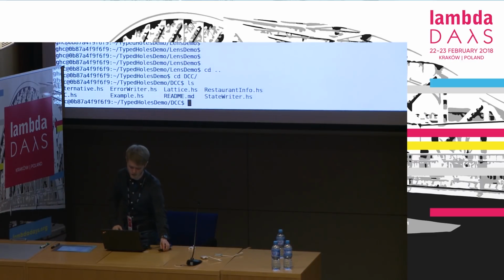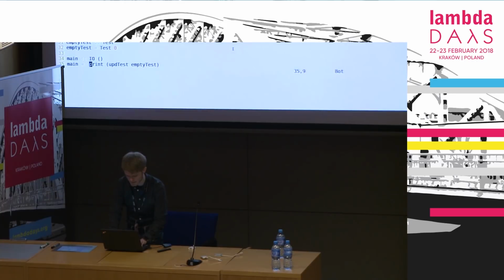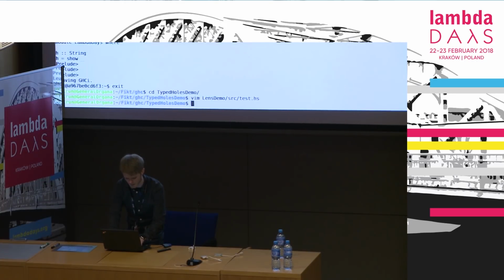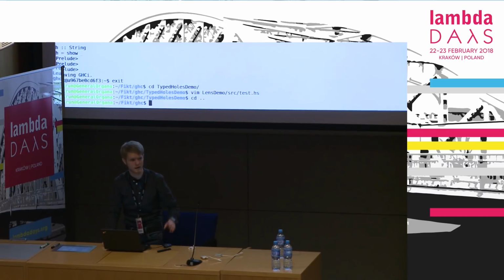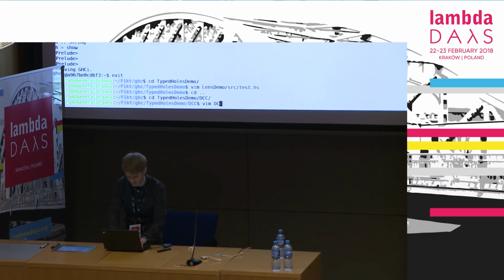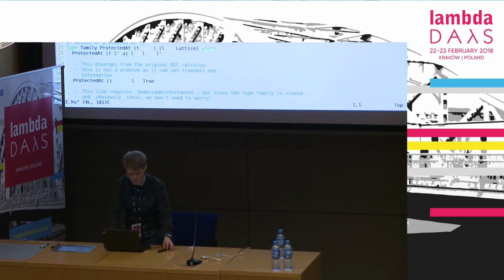So we have an implementation of DCC written by Max and Alejandro Russo, who is at Chalmers. So you go into here, and it's just, what, 13 lines of code, you said? Accepting the language extensions.